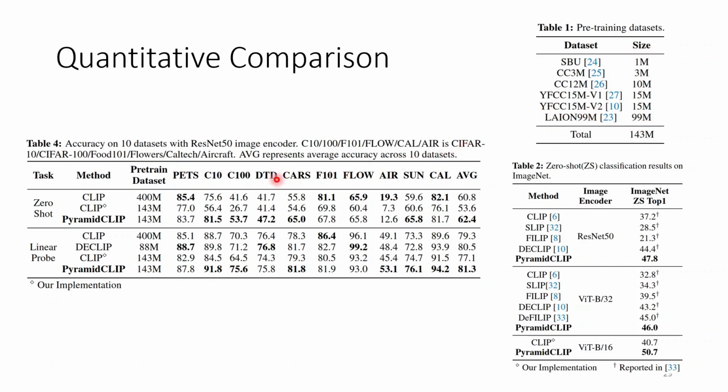And here they show their results. So for zero-shot classification, on some existing data sets, for example, the C10 means CIFAR-10, C100 means CIFAR-100.